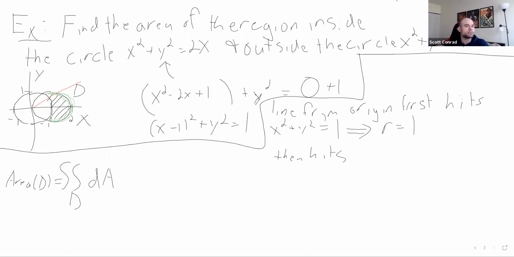That's going to be the upper boundary for r. So then it hits the circle x squared plus y squared equals 2x.